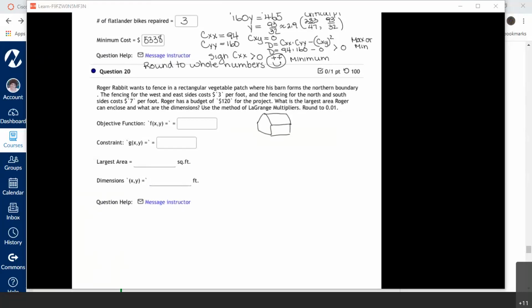So here's the barn, and the vegetable patch has one side of the barn as its northern boundary. And then I'm assuming it goes like this. What I took away from that was you don't need a fence if the barn's in the way, right? So I'm only going to fence 3 sides of this thing. That was what I took away.